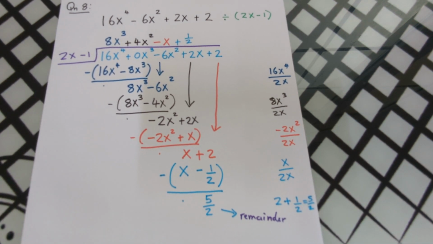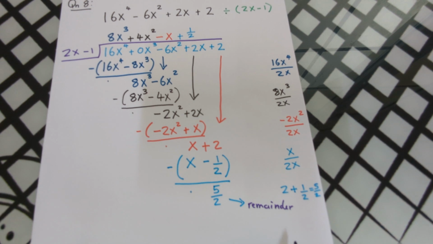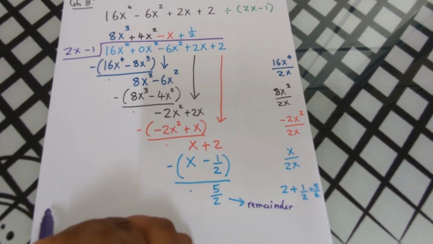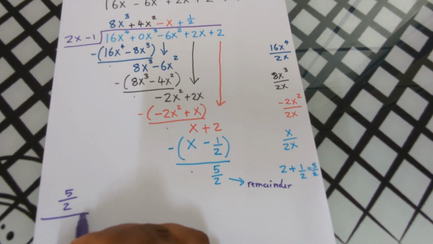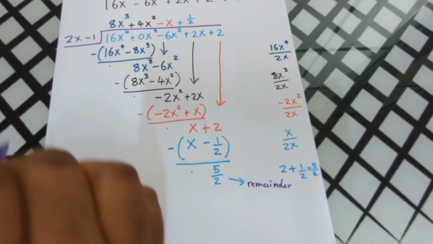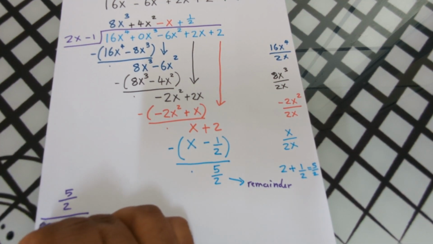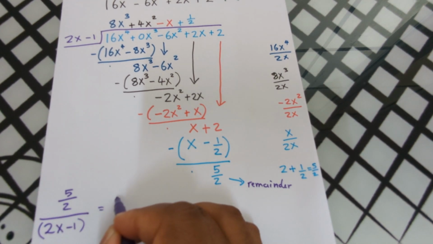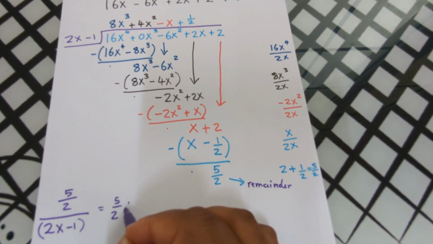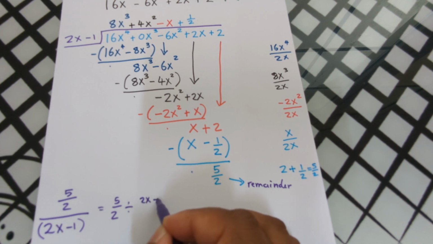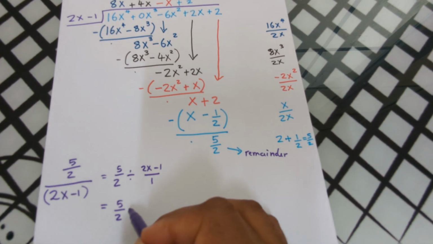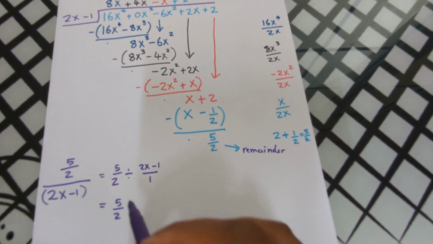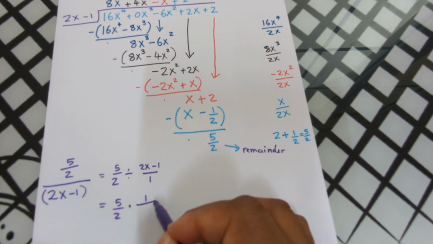Now what do we do with our remainder? We have to simplify it first before we write our final answer. So our remainder of 5 over 2 will be divided by the divisor, which is 2x minus 1 in this question. So we can rewrite it as 5 over 2 being divided by 2x minus 1 over 1, which of course, when dividing fractions, you have to change the division sign into a multiplication sign and flip the second fraction.